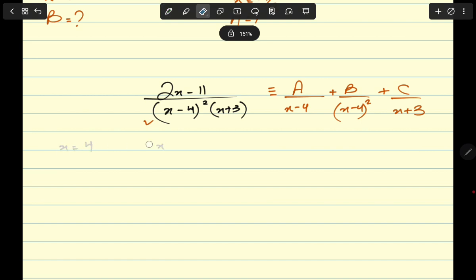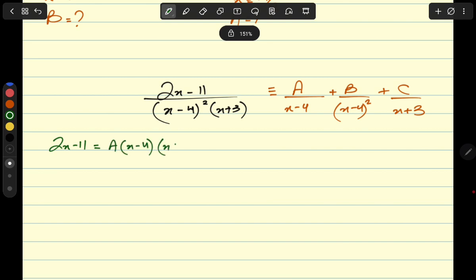Before doing that, we are going to multiply both the sides by the denominator on the left hand side, so that this becomes 2x minus 11 is equal to a times x minus 4 times x plus 3 plus b times x plus 3 plus c times x minus 4 whole square. And now we are going to make those intelligent substitutions.